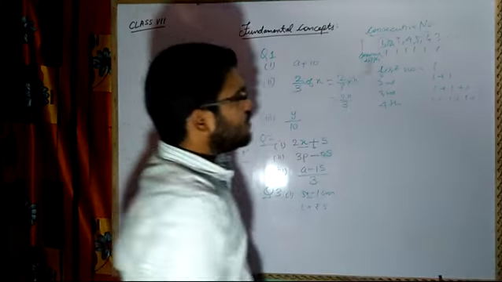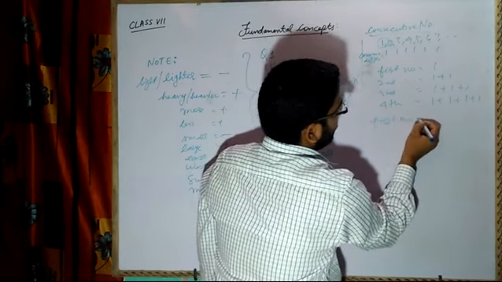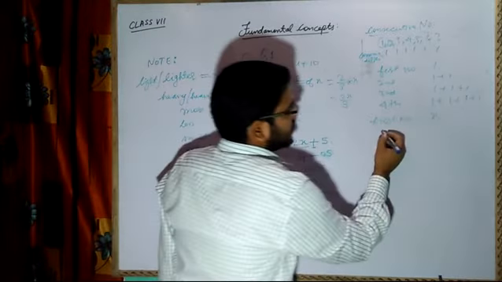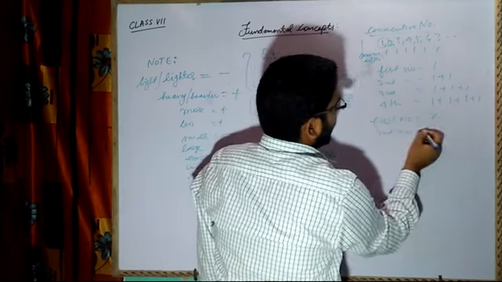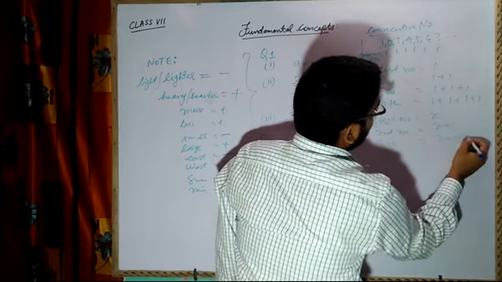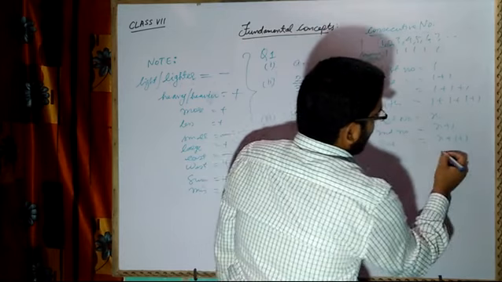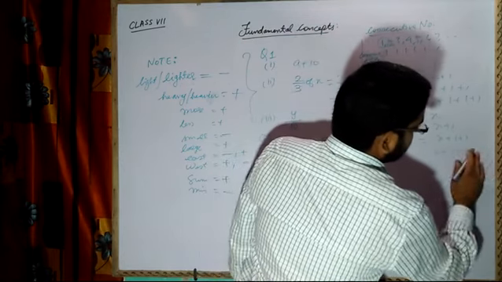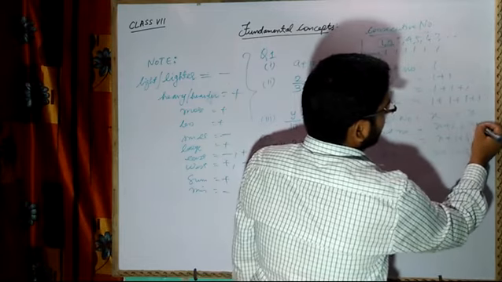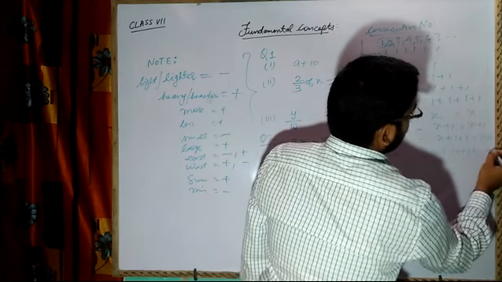If I assume the first number to be x, then the second number will be x plus 1. The third number will be x plus 1 plus 1. The fourth number will be x plus 1 plus 1 plus 1. Now simplify this: it is x, x plus 1, x plus 2, x plus 3.